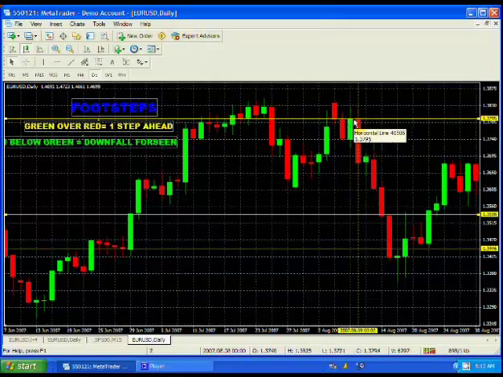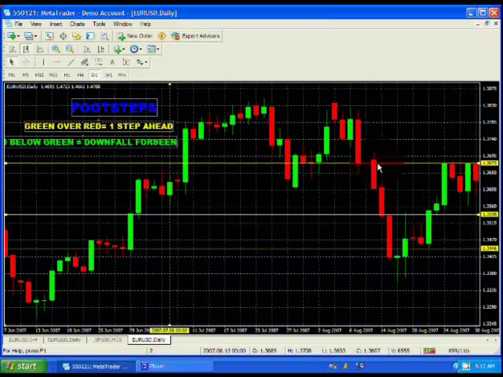And what happened? This bar came down. Let's look at where it closed. Boom. Right at this resistance bar. But it did not close below it, did it? So we're going to expect a pullback up.